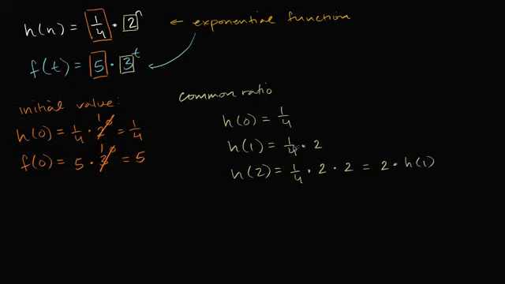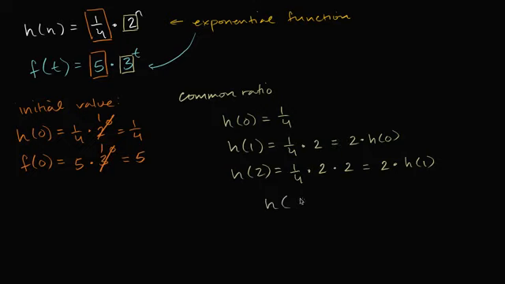And this we could write as 2 times h of 0. So notice, if we were to take the ratio between h of 2 and h of 1, it would be 2. If we were to take the ratio between h of 1 and h of 0, it would be 2. That is the common ratio between successive whole number inputs into our function.